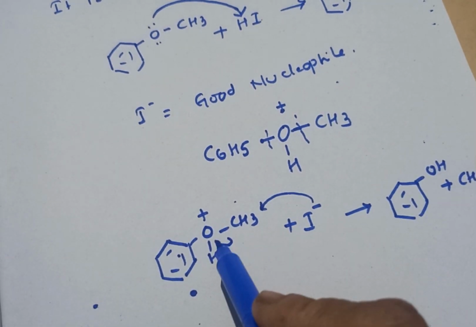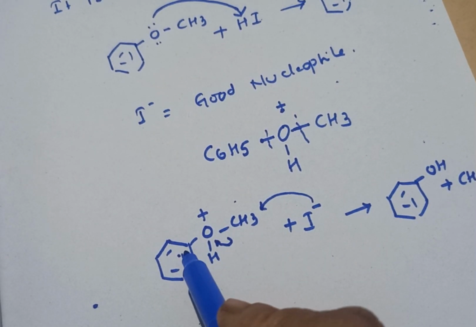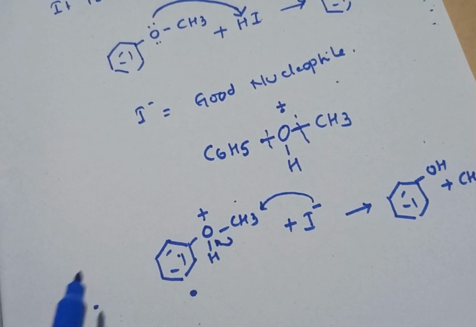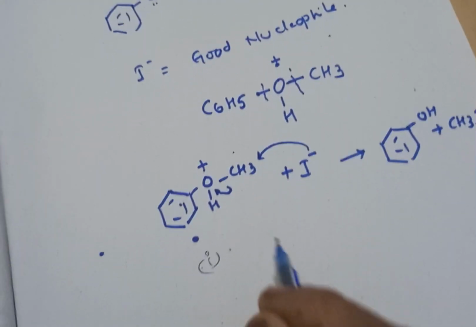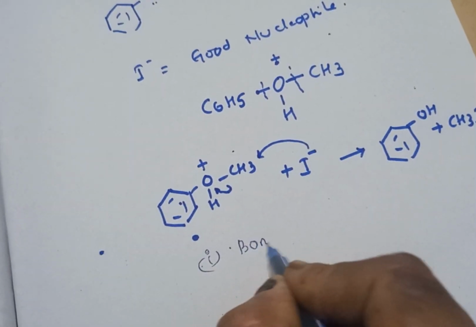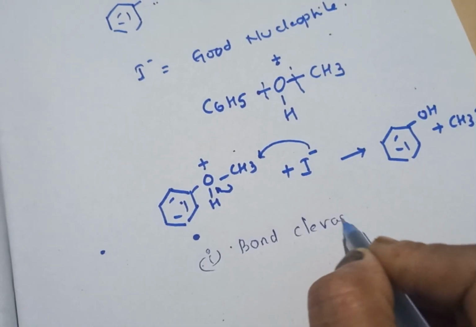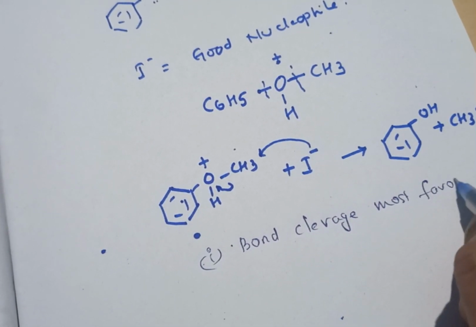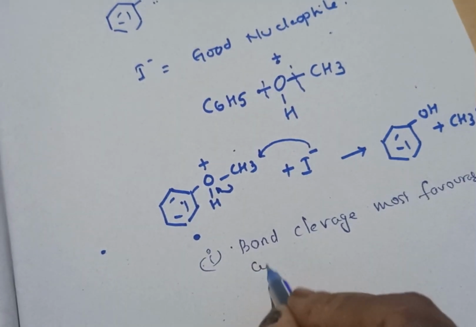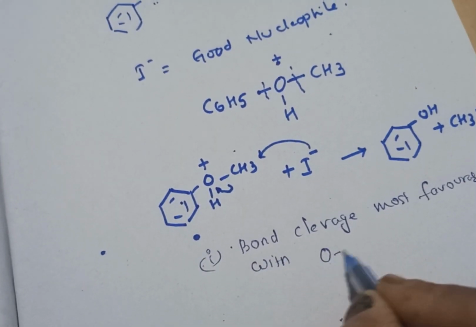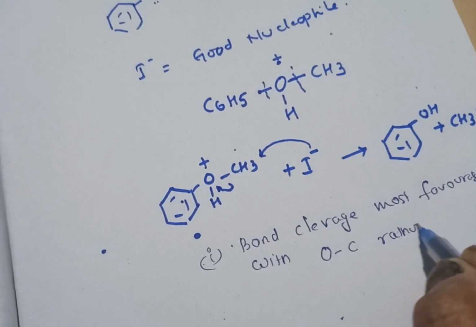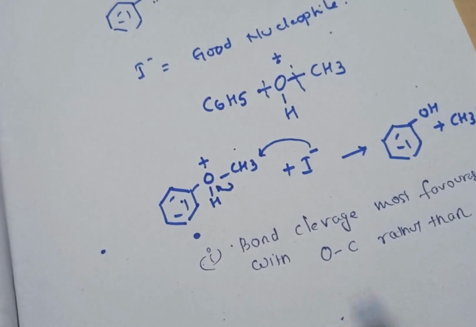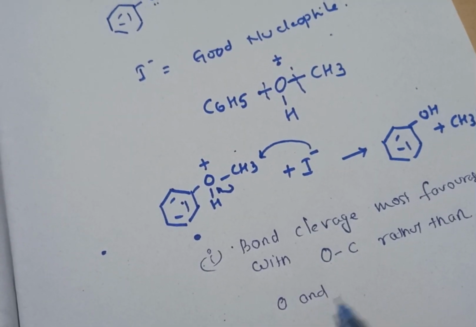Why here are we considering this, why does I minus not go with the benzene ring but with the methyl group? The most important thing we have to observe is that the bond cleavage is most favorable with oxygen and carbon rather than oxygen and the aromatic ring.